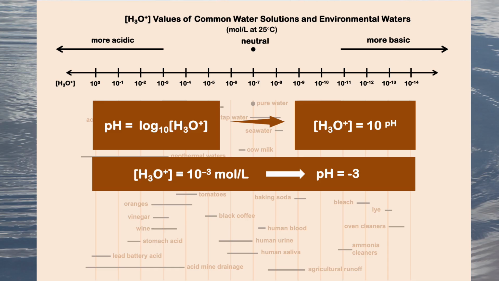In the early 1900s, when the pH scale was first proposed, chemists saw the minus sign in pH as a problem. Measured values for hydronium ion concentrations are very seldom greater than 1, which causes the pH to almost always be negative.